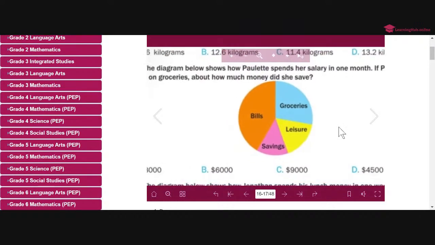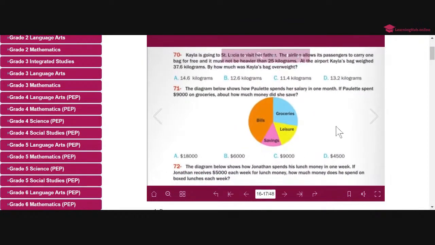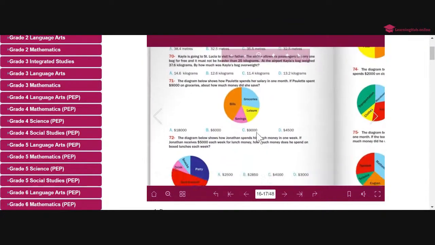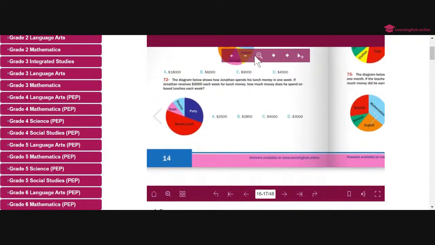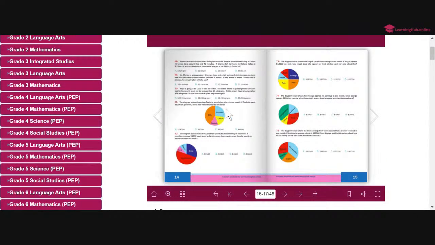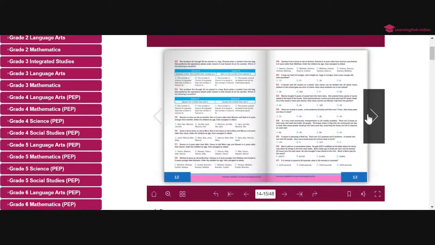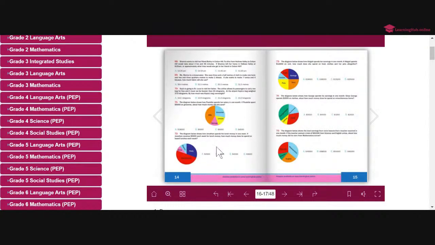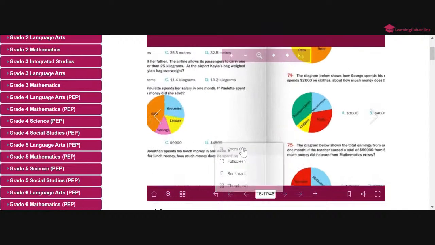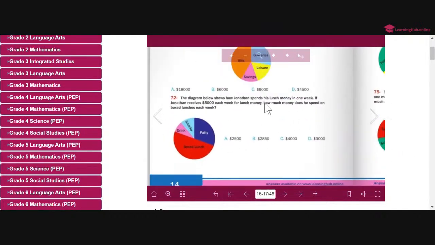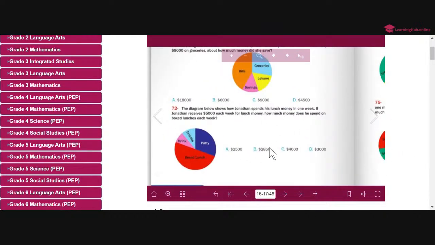Let's move to the next one. All right, we're moving to question 72, and we want to zoom in on question 72. It says, the diagram below shows how Jonathan spends his lunch money in 1 week.